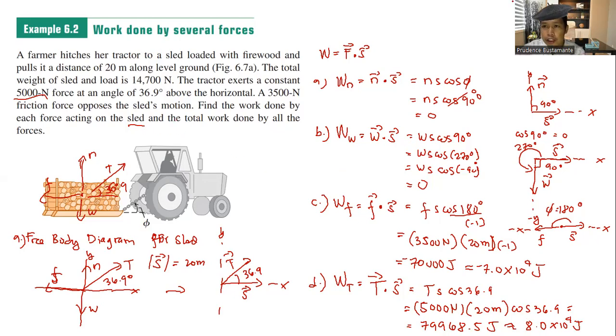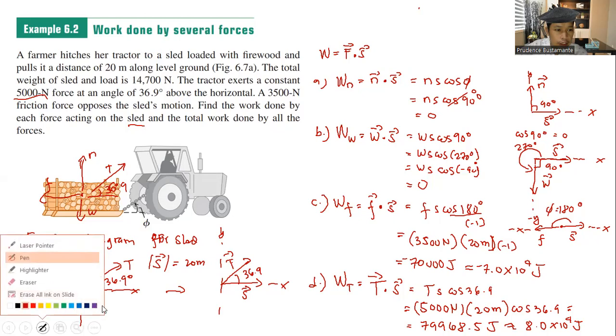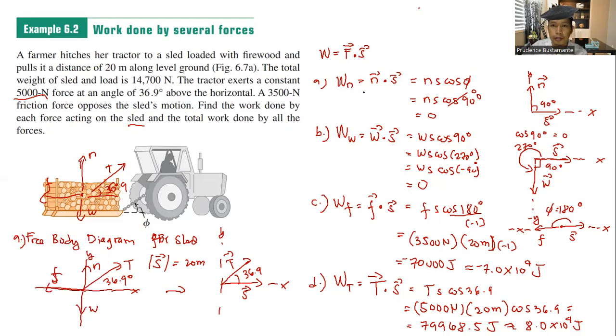Now if you wish to find the total work, the total work is just equal to the work done by the normal force plus the work done by the weight force plus the work done by the friction force plus the work done by the tension force.